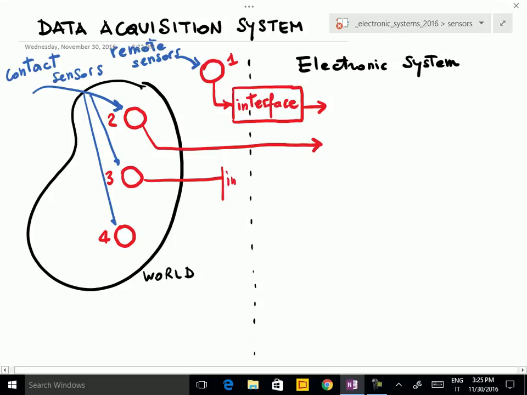Sometimes we require a specific additional interface. The interface simply is needed to adjust the protocols, for example, the levels of voltage of the digital signal that we have as an output of the sensor and required as an input of the electronic system.